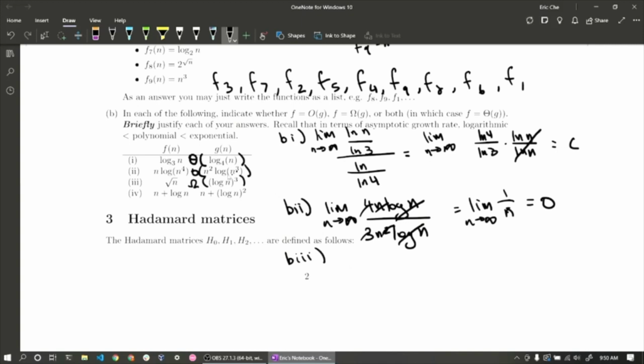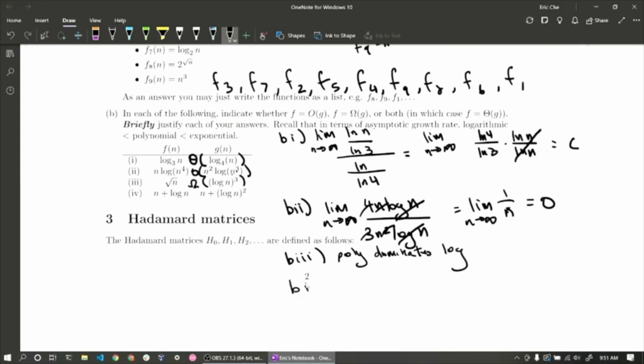If you want to attempt this problem more rigorously, I recommend doing what we did in question 1c, where we applied L'Hopital's, since both of these converge to infinity. If you want to do a more rigorous version of this proof, go ahead and do that on your own. However, we just need to briefly justify our answers. So poly dominates log.